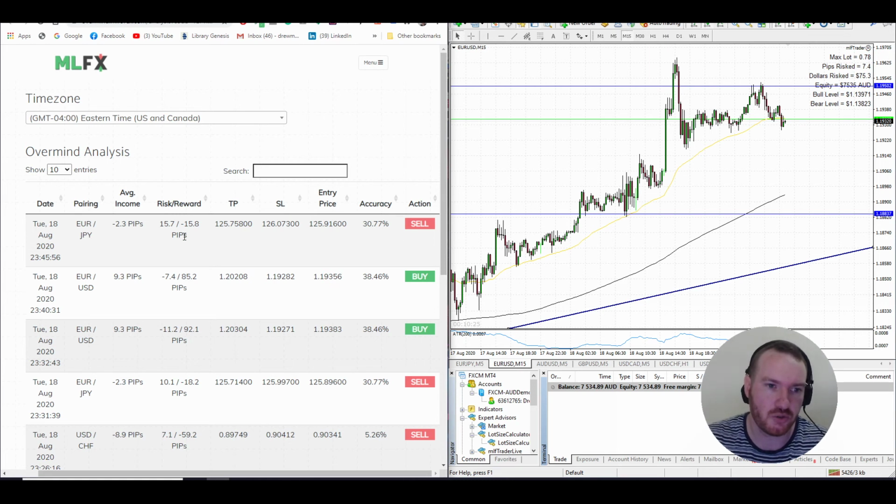So based on the average income, the risk reward, and the accuracy, we would split back whether or not that was considered to be a stronger sell or a weaker sell.